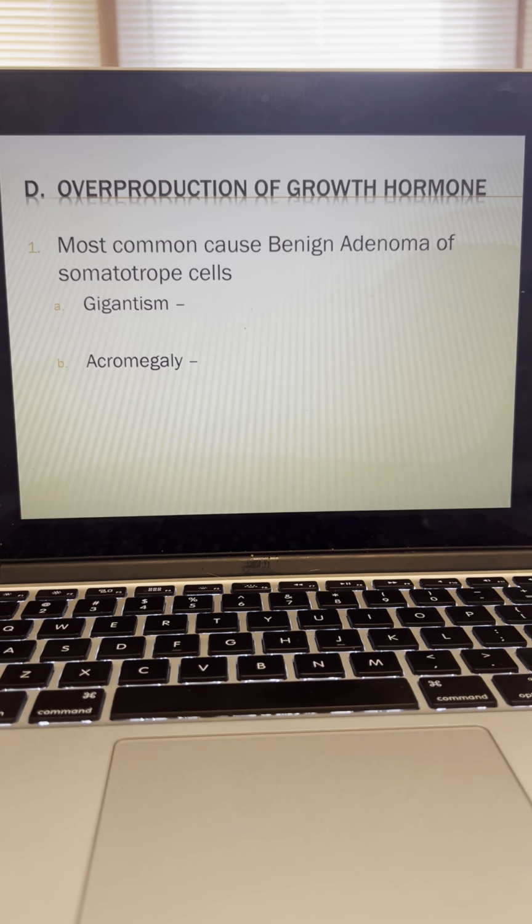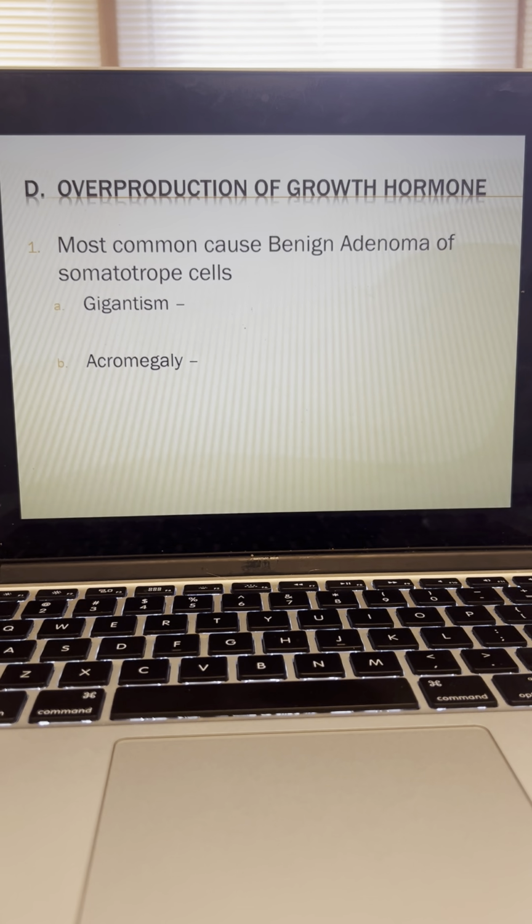Once those seals close, then we would progress to acromegaly. So for gigantism, we're looking at a body frame of the upper 7-footers to 8-foot plus. So gigantism is in children, acromegaly is in the adult, and that would be after those seals close.